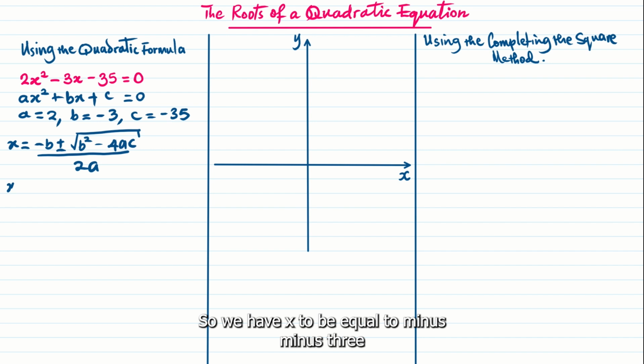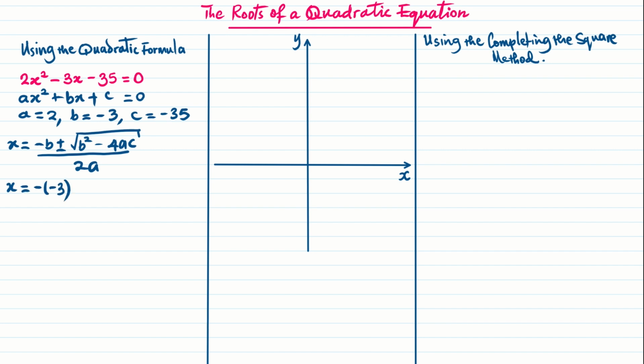So we have x equal to minus minus 3, plus or minus the square root of b squared, which is 9, minus 4ac, which will be minus 4 times 2 and then times minus 35, all over 2a.